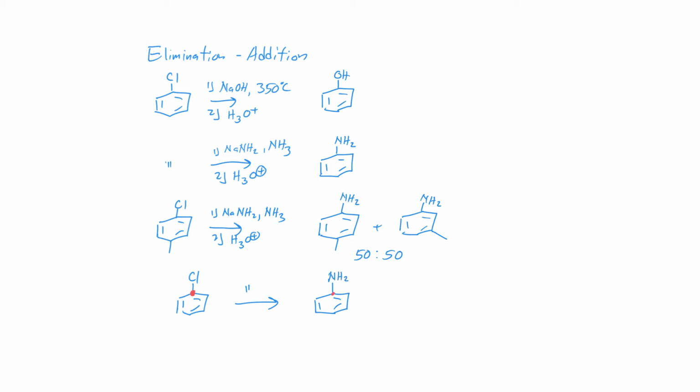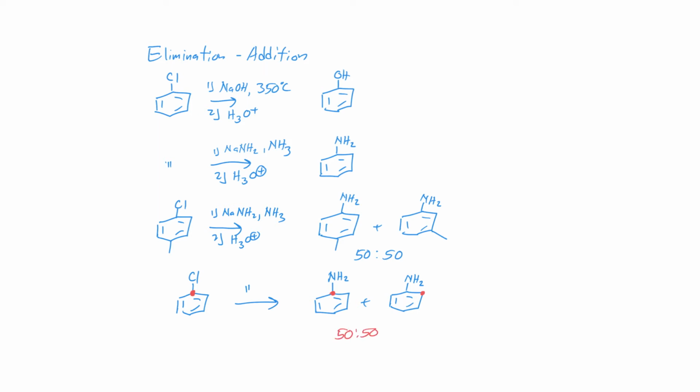We're going to get that added to the same carbon that the chlorine was on, but we're also going to find that it's added to the adjacent carbon. So our labeled carbon is either attached to the new nucleophile, or it's next to the new nucleophile. And this is a 50-50 ratio as well.